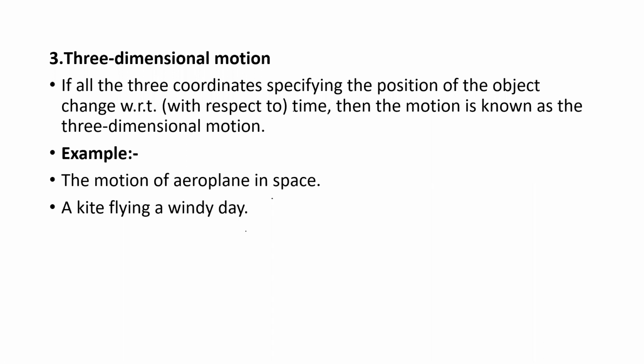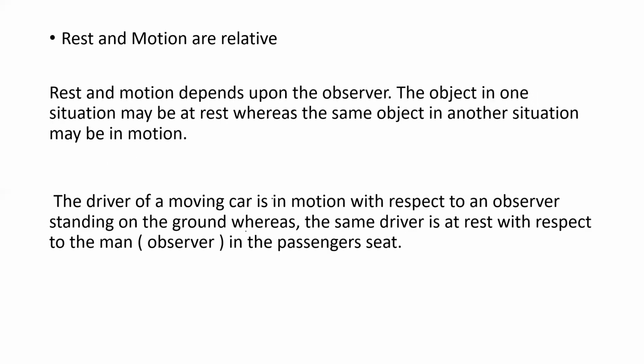This is a free type of motion, like the motion of an aeroplane or a bird flying. When you are describing its motion, you need to specify all three coordinates. So that is three-dimensional motion.